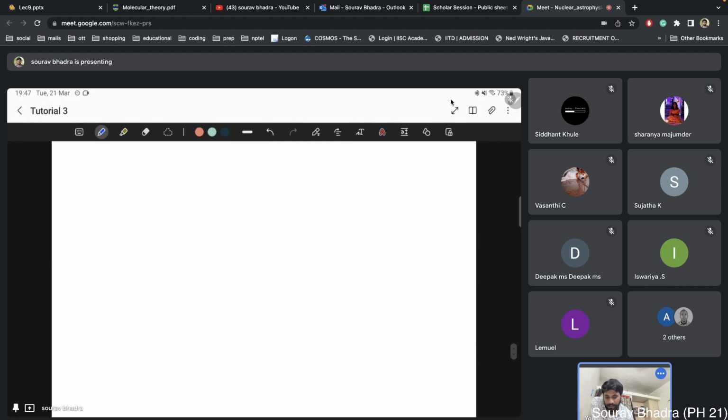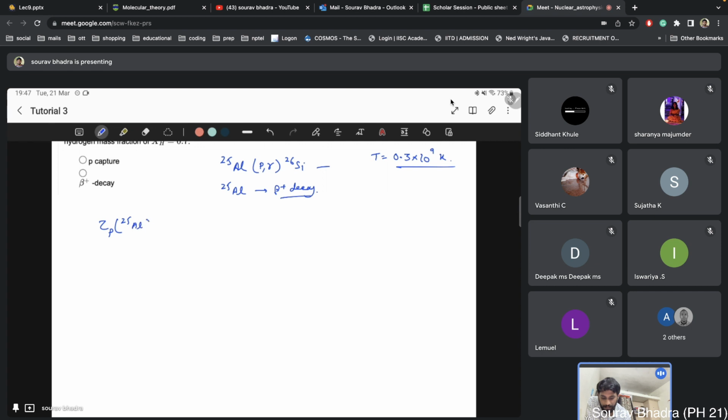So we will use the same thing here: tau, the mean lifetime of proton capture at 25 aluminum, is rho Xp by mp Na sigma v, the same thing which I did in the earlier scenario.